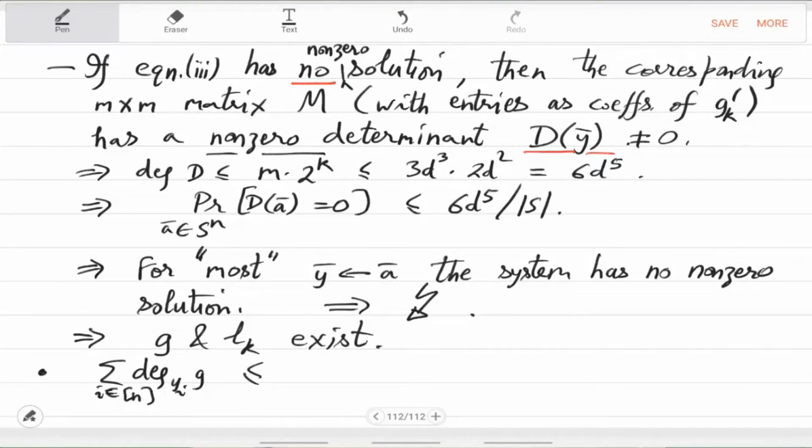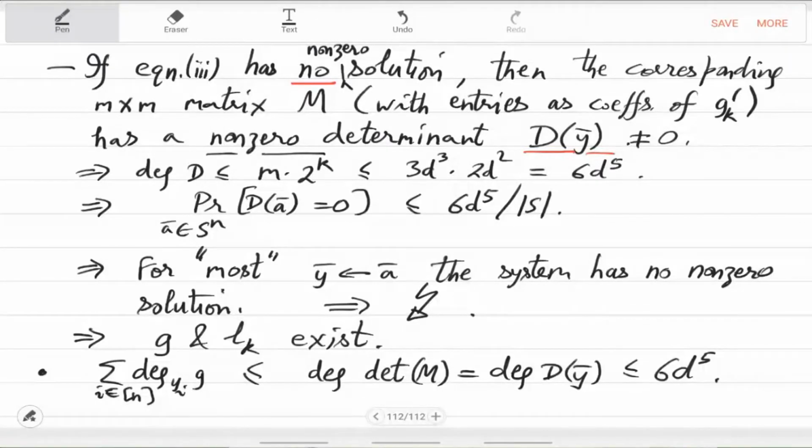So we can safely say that all this is at most the degree of the determinant of M, degree of d y bar, which is at most 6d5 as shown above. This is by Cramer's rule.